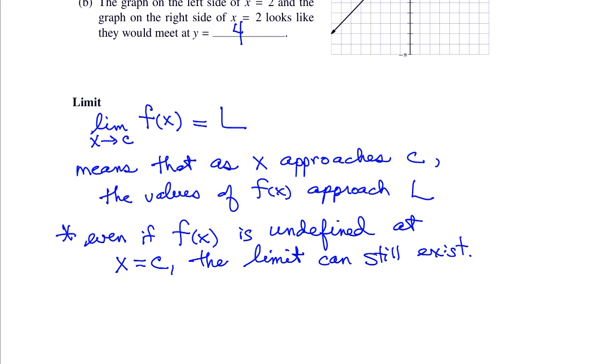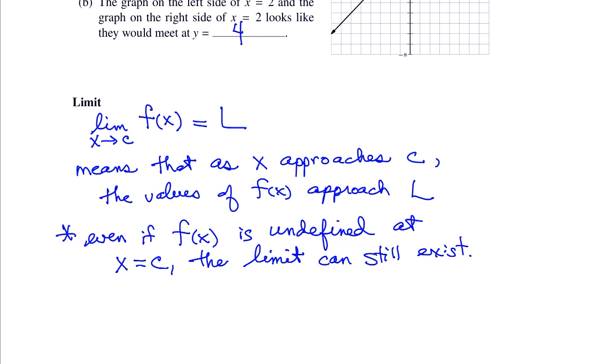This is why we invented the limit. It's for functions where we have places where the function value is undefined. We still want to know what's going on with that value. And so we have the limit instead.